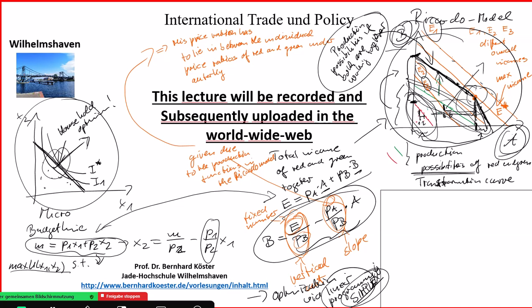Well, and then in a modern interpretation, you can say, well, if they now both specialize due to their comparative advantage, then of course the green one is only producing A and the red one is only producing B. So we would then end up in this production point, and then of course in general this wouldn't be the optimal division of A and B in both countries, because in general the demand in both countries would be that both countries want to have A and B. And if you only produce one and you are not trading, then maybe you say, well, I've specialized due to my comparative advantage.